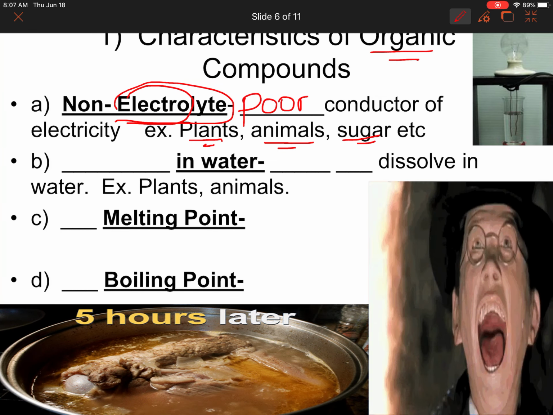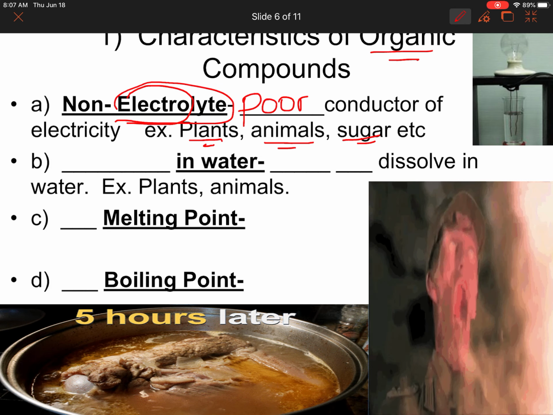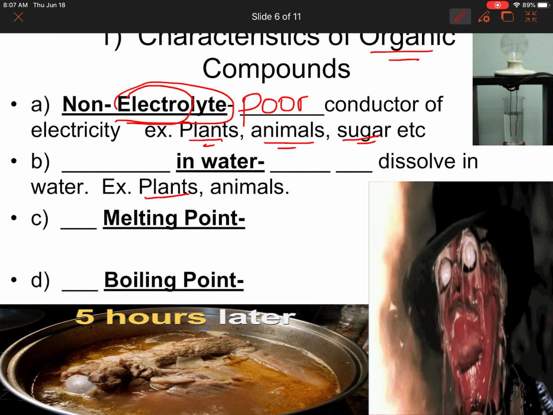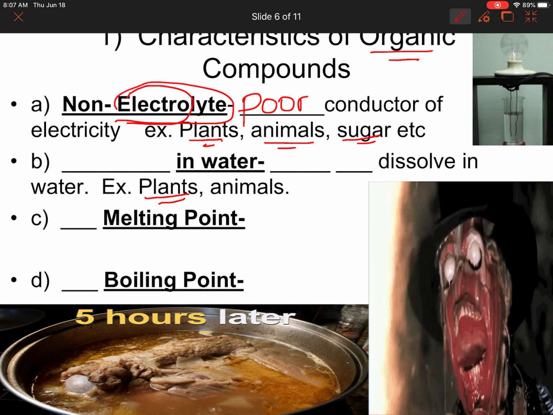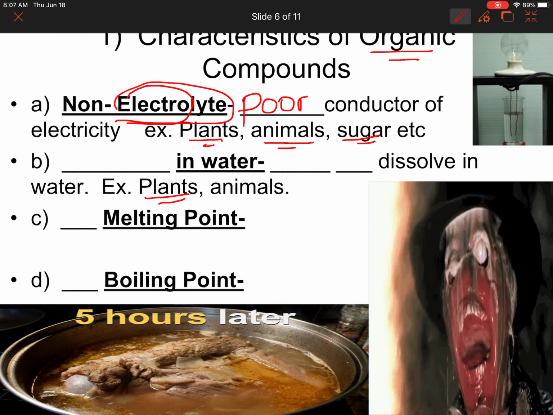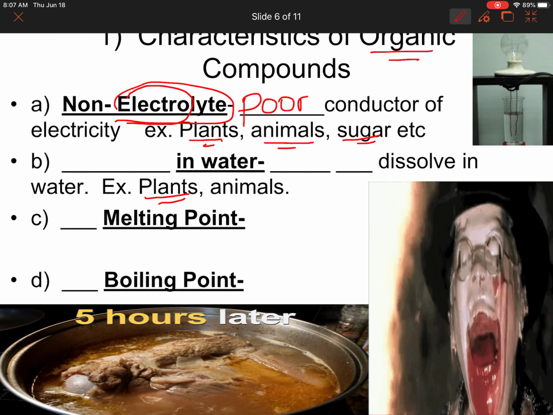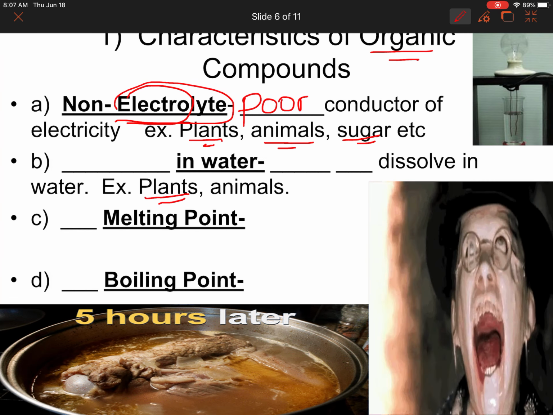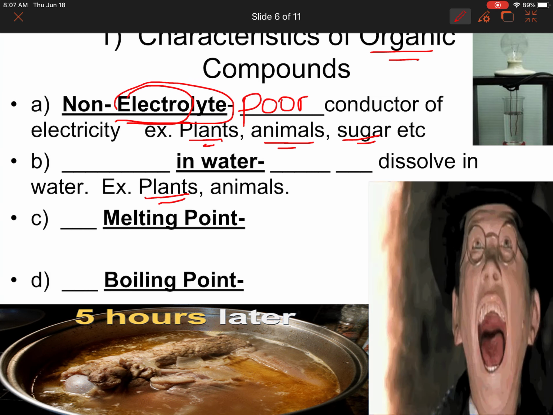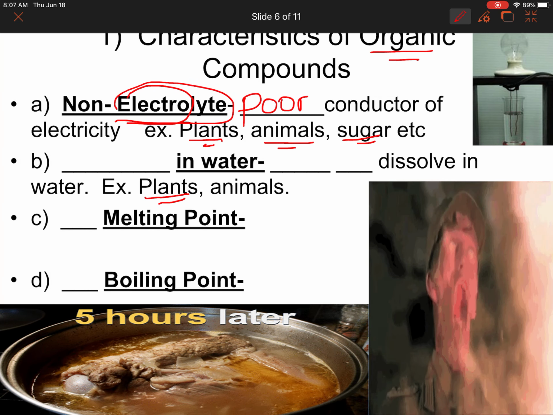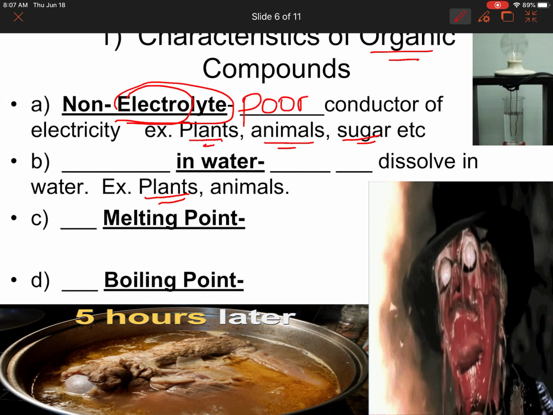All right. Another example of organic compounds: if you ever take vegetables and put them in water, are they going to dissolve right away? Well, no, they do not dissolve, neither do we. If you put us in water, we will not dissolve readily. Yes, if you're in the pool for a long period of time, your skin starts to get a little shrivelly.